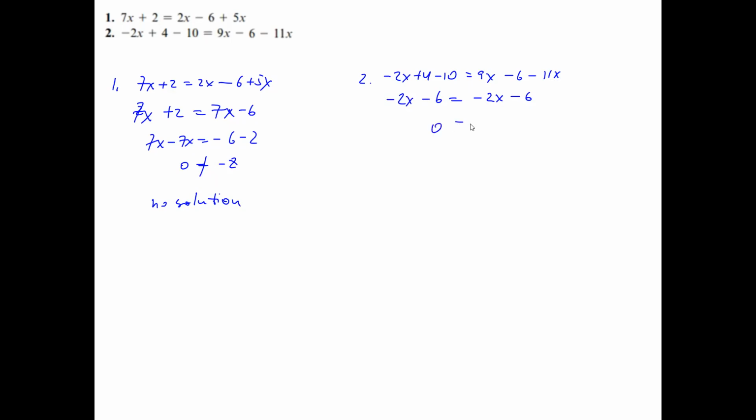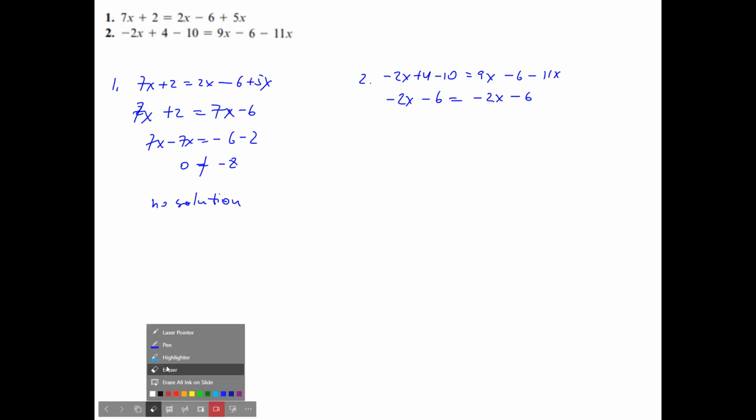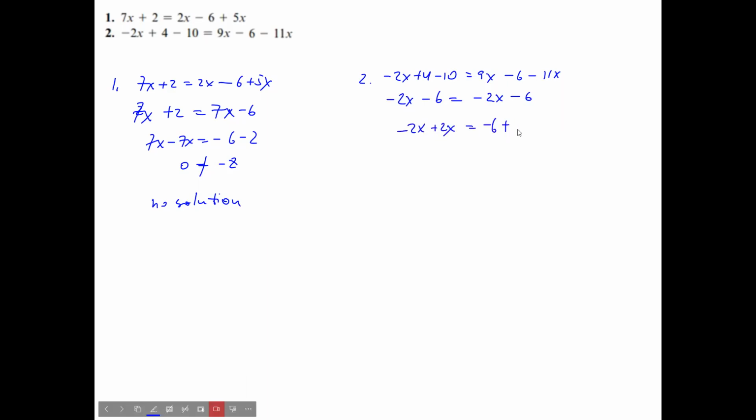What I have is 0 equals 0. Well, let's do steps. So minus 2x plus 2x equals minus 6 plus 6. So 0 equals 0. So identity. Okay? Good?